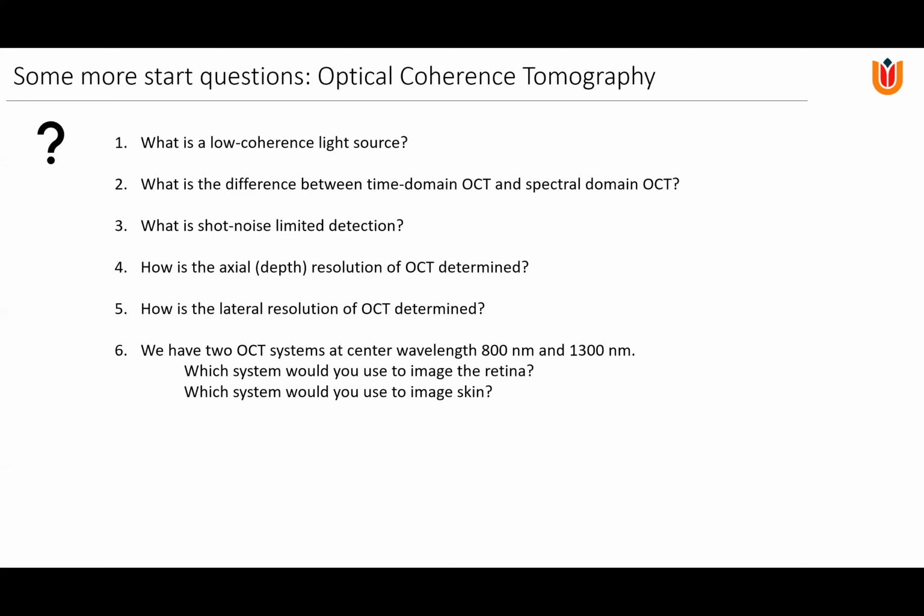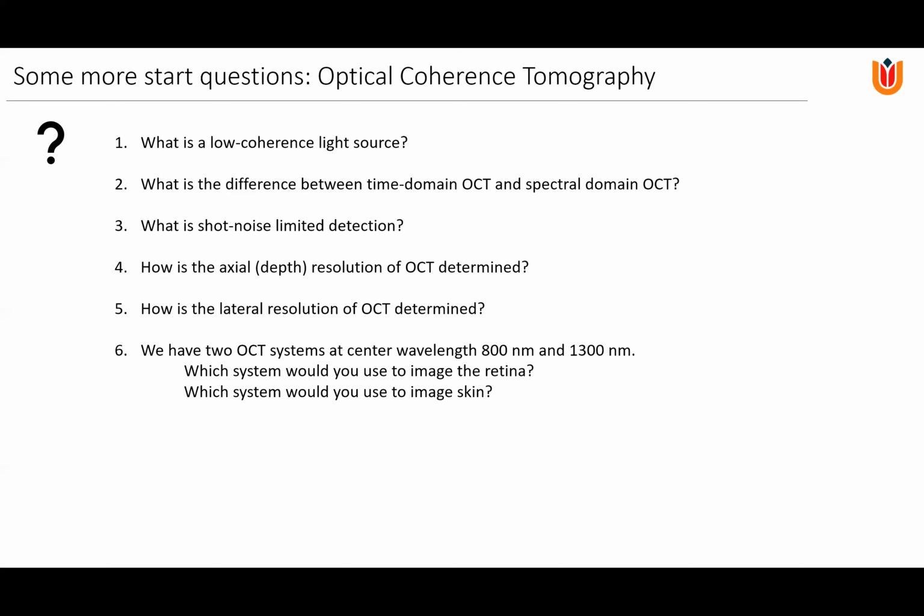Let's say we have two OCT systems, and they are exactly the same. The resolution is the same, the speed is the same, the cost is the same, everything you can imagine is the same, except for this. The center wavelength of one system is 800 nanometers, and the center wavelength of the other is 1300 nanometers.